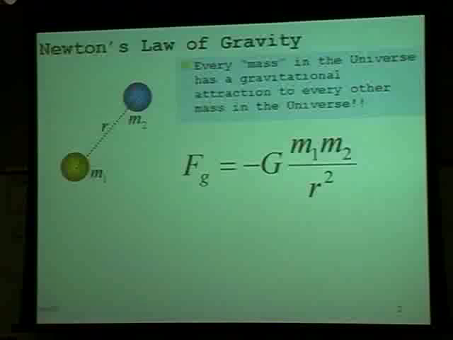The negative sign means attractive, but in a mathematical sense, what is a negative force? If I had two objects like this, for this object the force is in the negative x direction, but for this object that attractive force is in the positive x direction. So in calculating this force, you probably just want to figure out the magnitude, G mass 1 mass 2 over distance squared, and then look at the situation, figure that the force must be attractive, and get the direction from that.